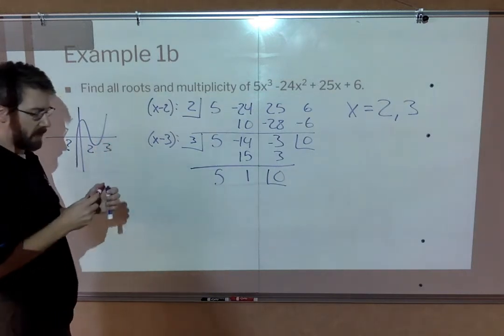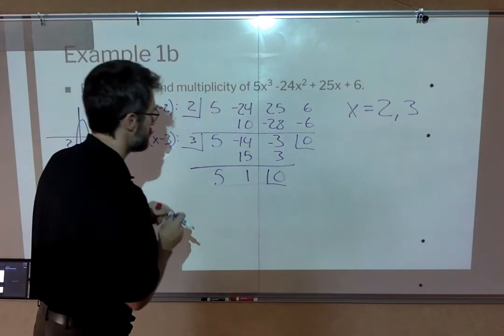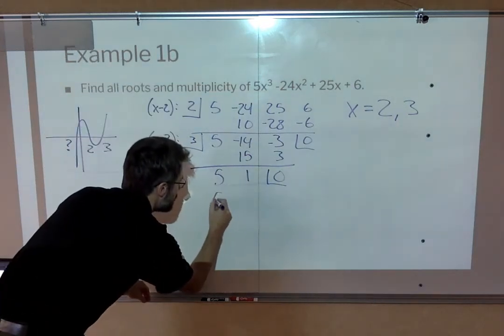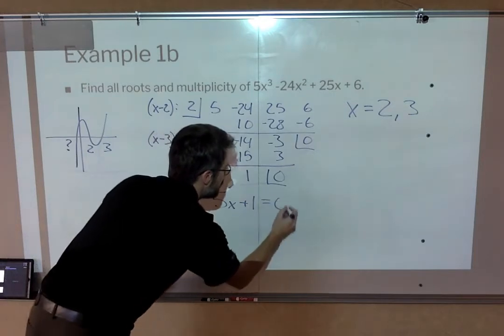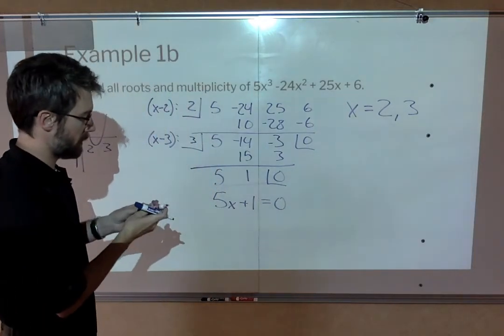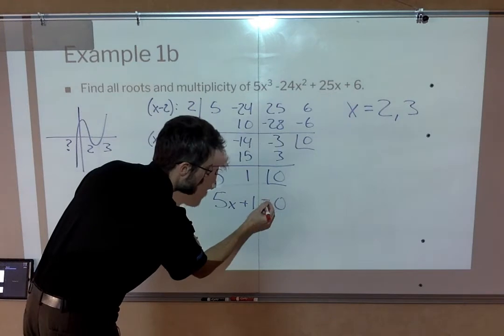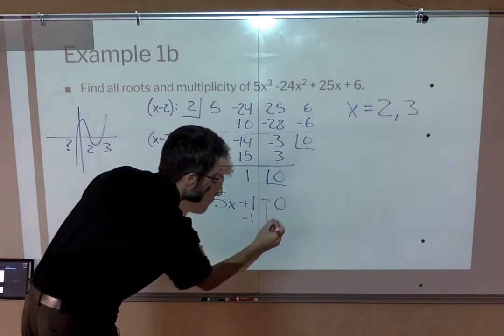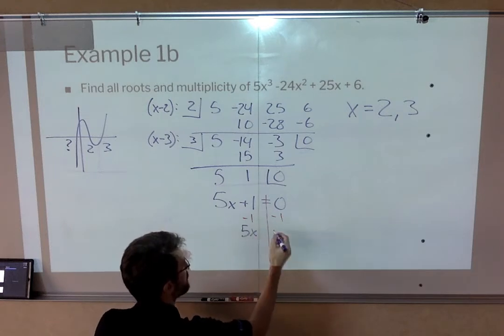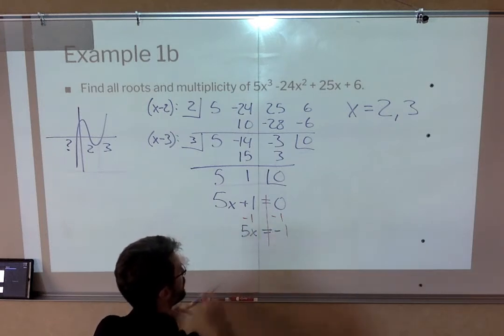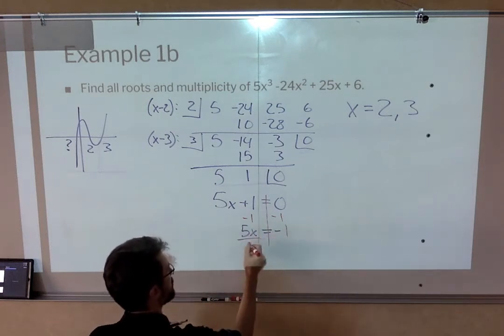Whatever's left, now I will solve algebraically. So that is going to be 5x plus 1 equals 0. And now it's just a two-sided equation. Minus 1, minus 1. We get 5x equals negative 1. And divide both sides by 5.